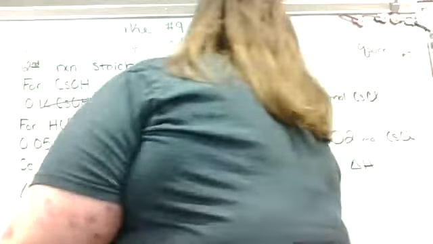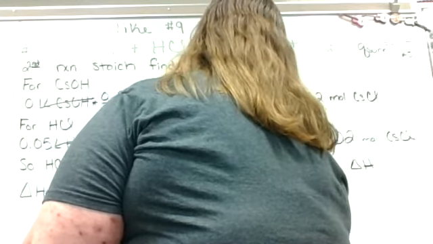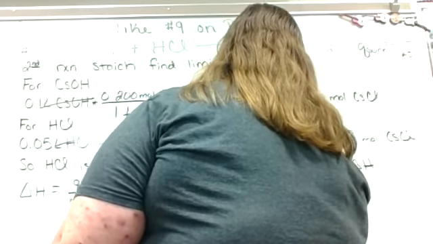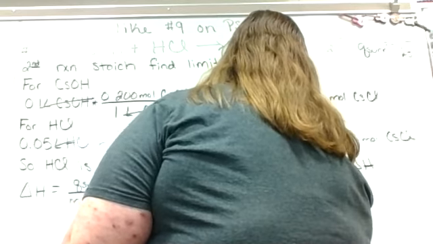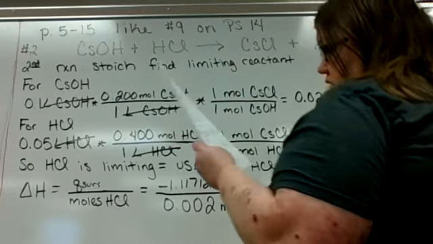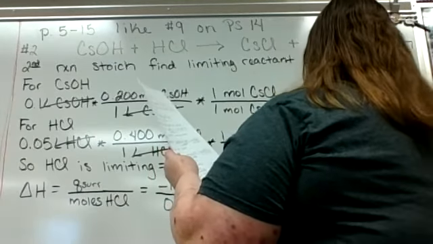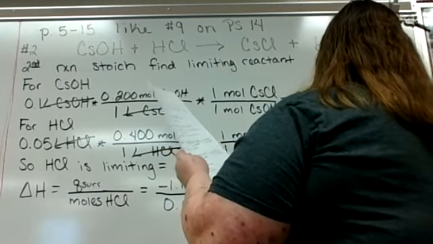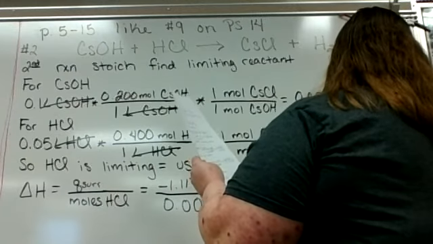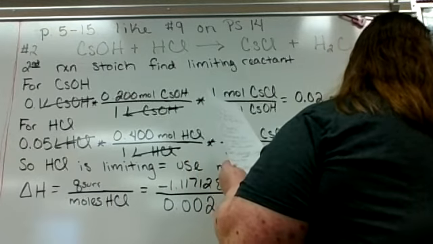So we have 0.002 moles HCl. Therefore, our delta H is going to be negative 559 kilojoules per mole HCl.